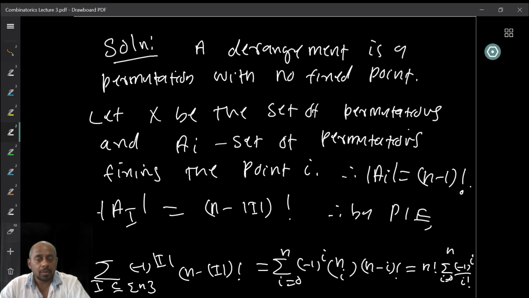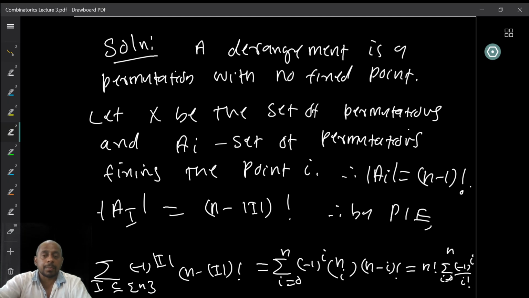And n factorial is common to all, so I can take that out. So that is n factorial times summation i equal to 0 to n of (minus 1) raised to i by i factorial, remaining from the n choose i. So this is the number of derangements.